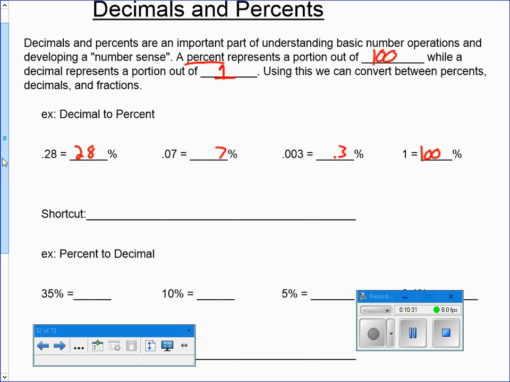Alright, for those of you who follow sports, a decimal would be like a batting average in baseball. Alright, so it's a decimal, and it's representing the percentage of times where a batter gets a hit.